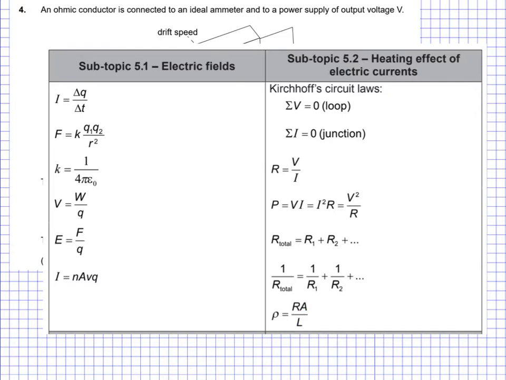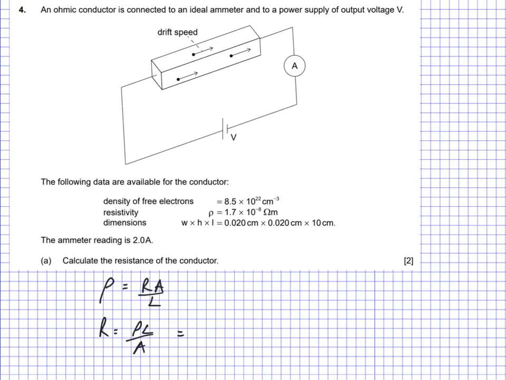So hopefully you can see pretty easily that this is going to be our formula, and we're really just going to plug and chug and solve for resistance. So let's go ahead and solve. There's our formula: rho, resistivity, is the resistance times the cross-sectional area divided by the length. Rearranged and solving for the resistance, it's going to be resistivity multiplied by the length divided by the area.